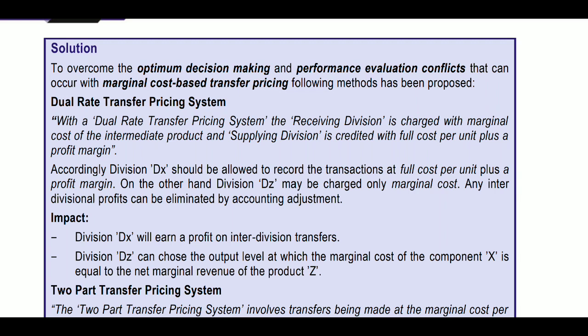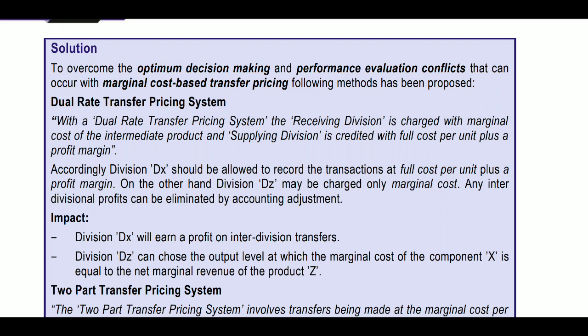With the dual rate transfer pricing system, the receiving division is charged with the marginal cost of the intermediate product, and the supplying division is credited with the full cost per unit plus profit margin.